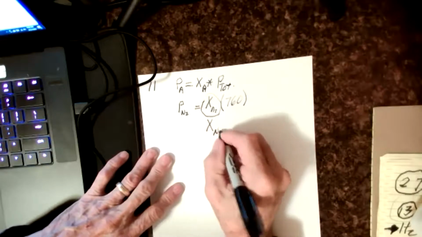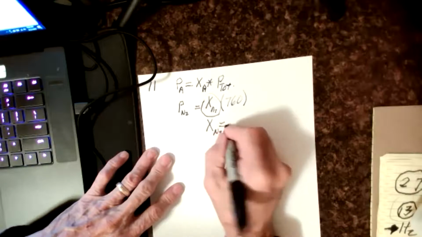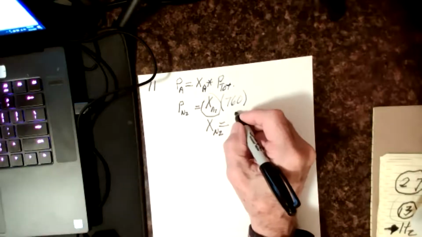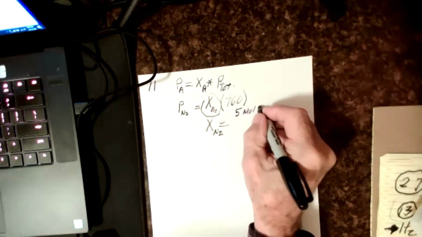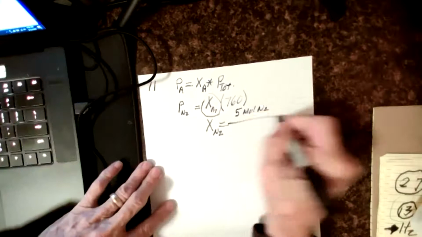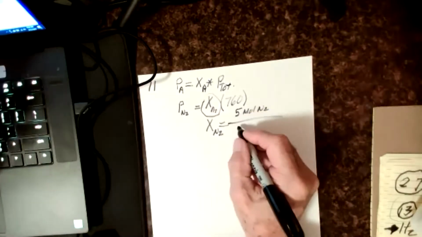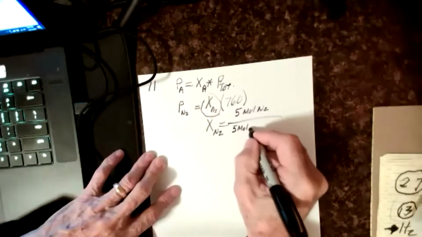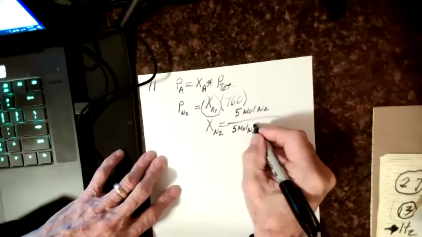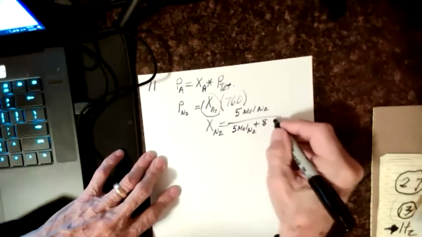Mole fraction of nitrogen is going to be the moles of nitrogen, if we have 5 of them, over the total moles in the container, which is 5 moles of nitrogen and 8 moles of oxygen.